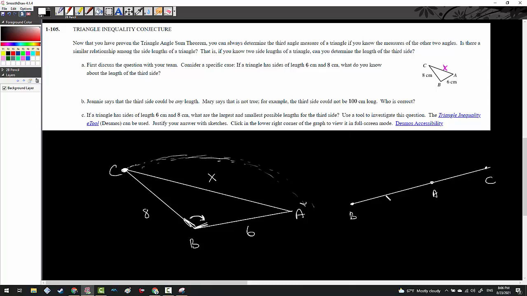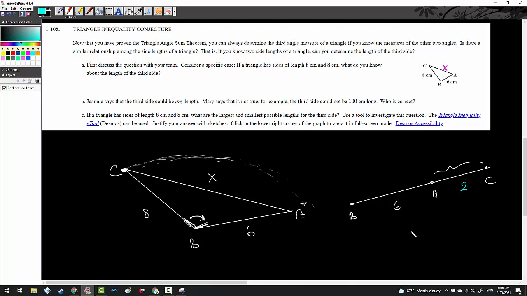So remember, the length of BA was 6. So what is the length of this AC here? Well, if BC is 8 and BA is 6, and I close BC over, what does that leave me with as the length for AC? That leaves me with a length of 2.